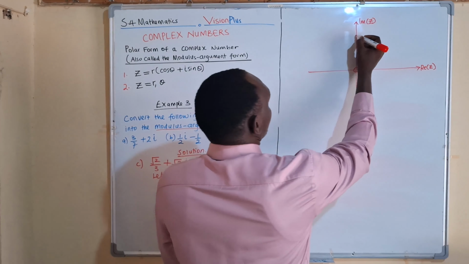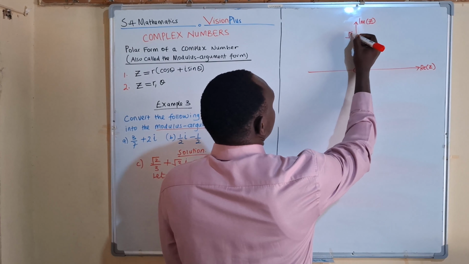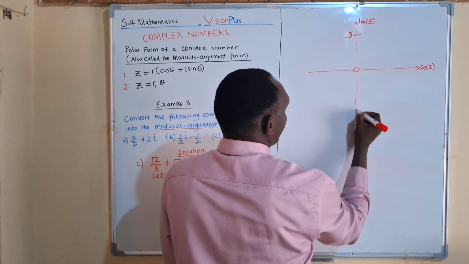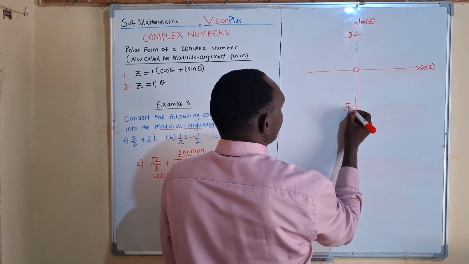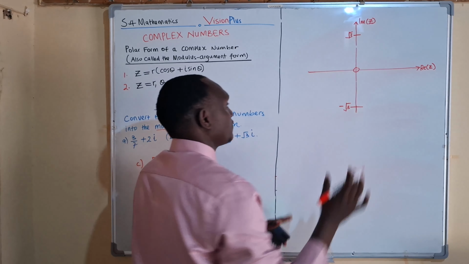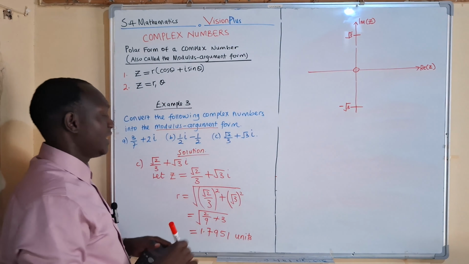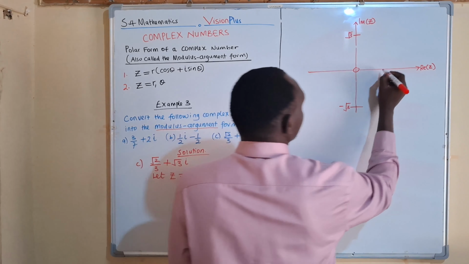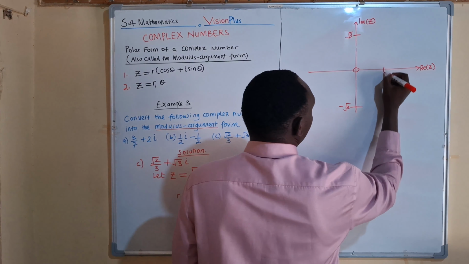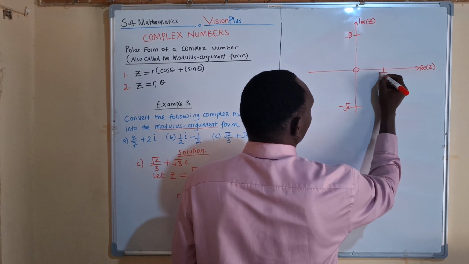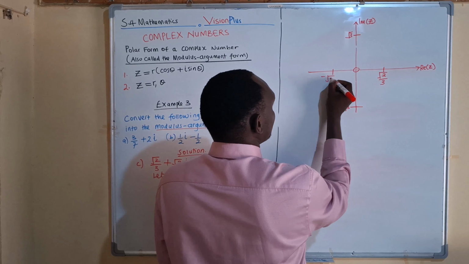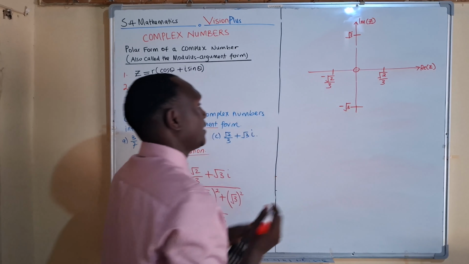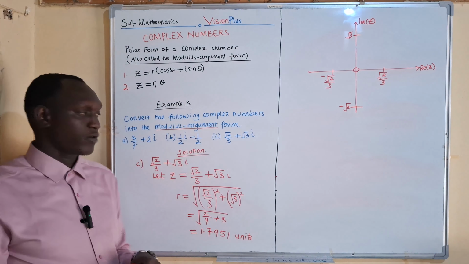So we're going to mark root 3 further away from the origin, yes? There is no penalty in how you put them, whether they are nearer to the origin or far, but be organized. And then on the real axis, let me mark somewhere closer here root 2 out of 3, then correspondingly negative root 2 out of 3. Now we have drawn our complex plane.